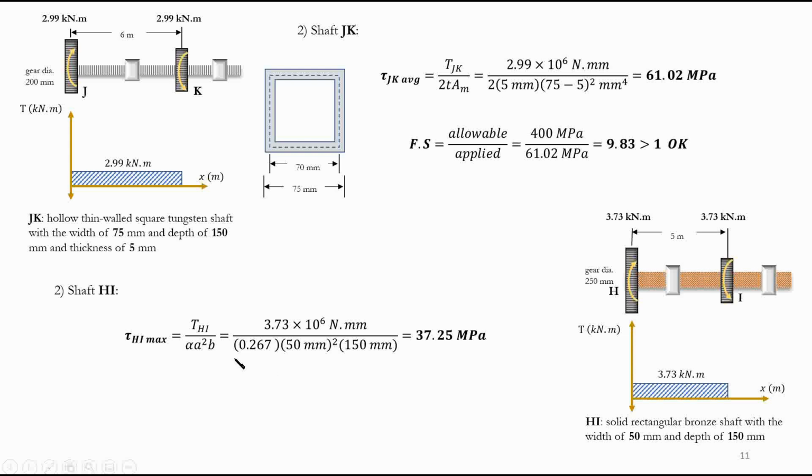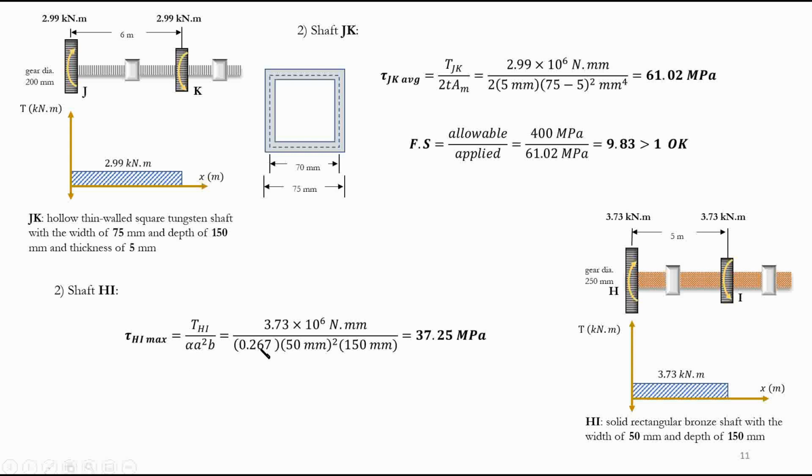Alpha here is derived from the table that we have in most of the strength of material books based on the B over A value. So in this case, B over A value is 150 over 50, which means that 3, right? For 3, we can go to our table or to our figure, whatever we have, to get our alpha value, right?